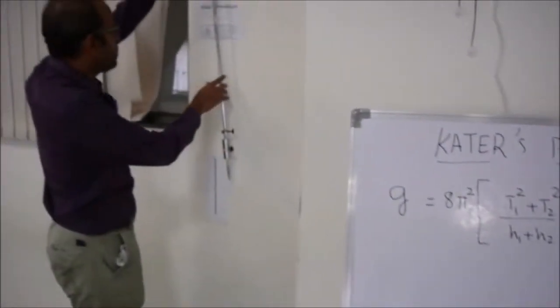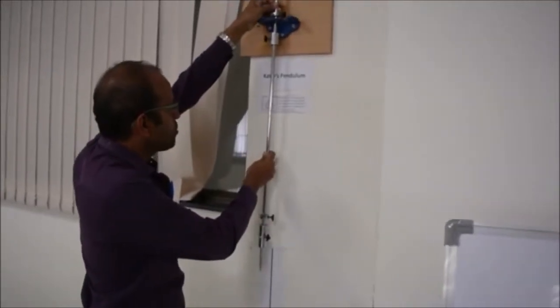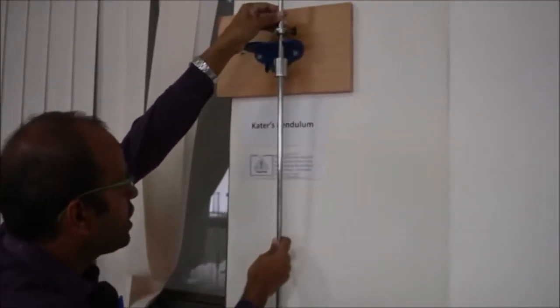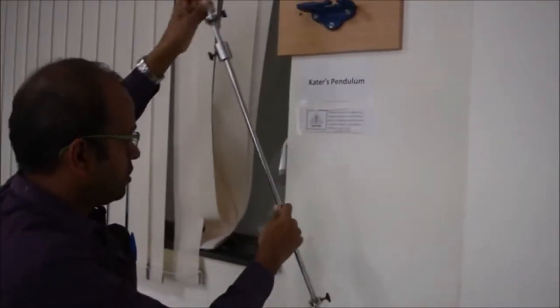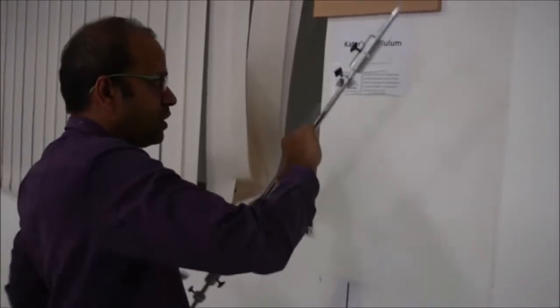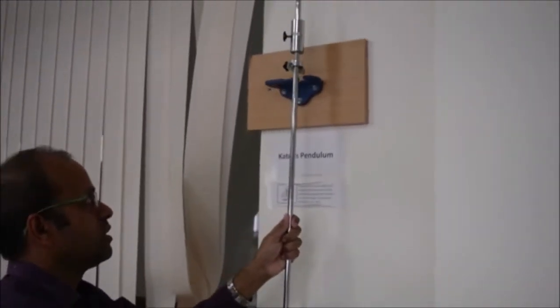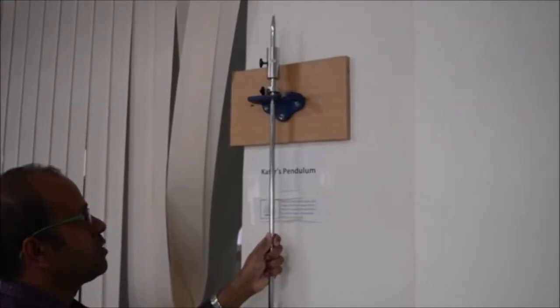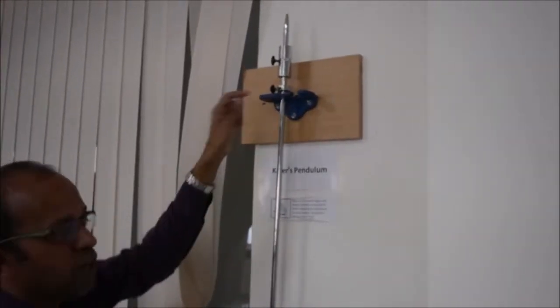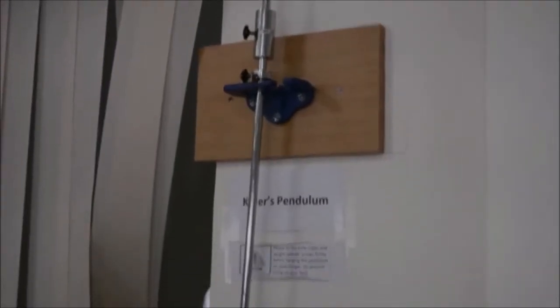Then, and this is where you have to be very careful because this is a very heavy rod, you have to be careful when you change it. Now I turn it upside down and pivot it about the other knife edge, and then I repeat the same procedure. I set it into oscillations and determine the time period.